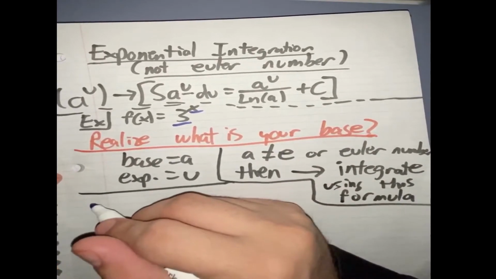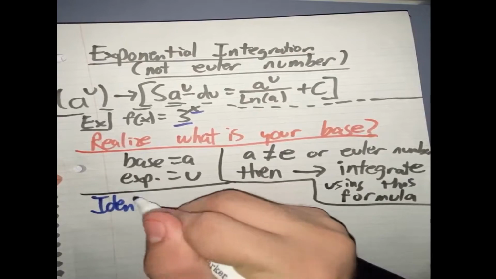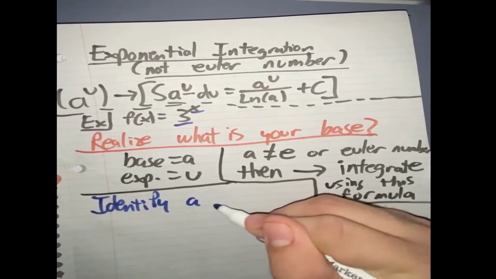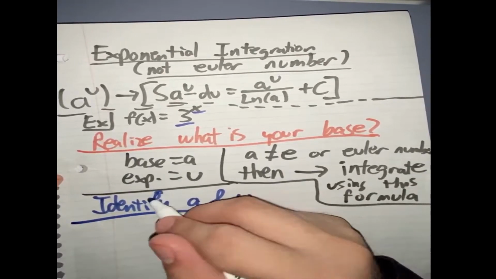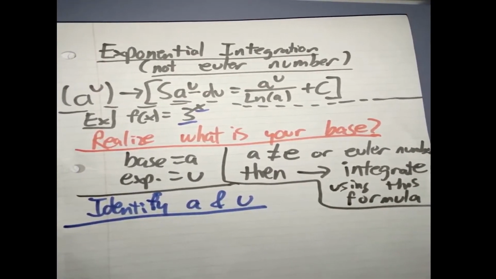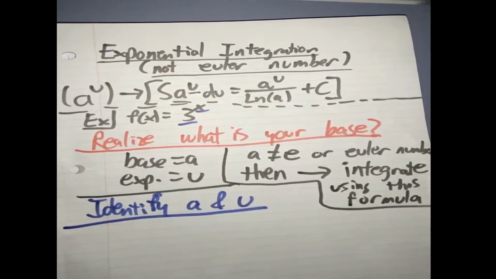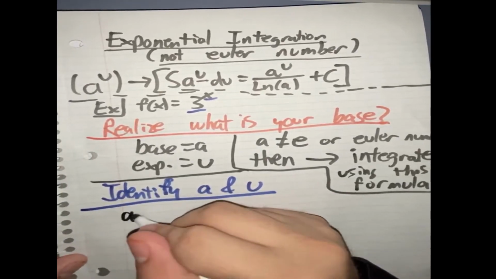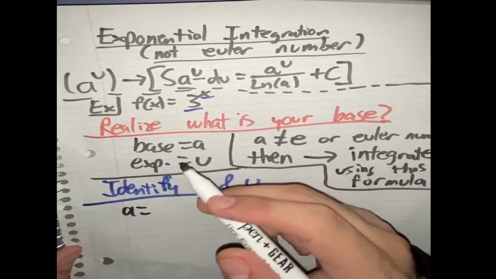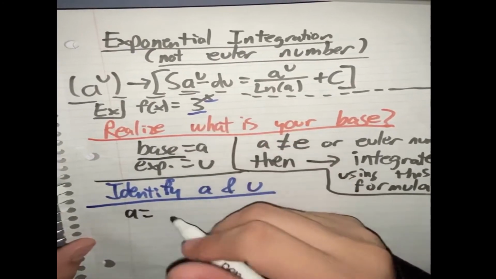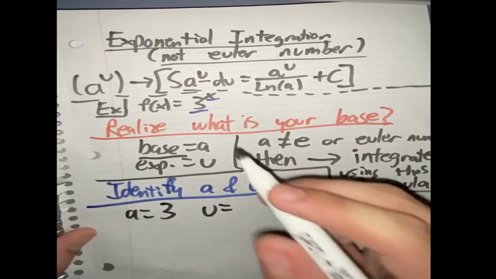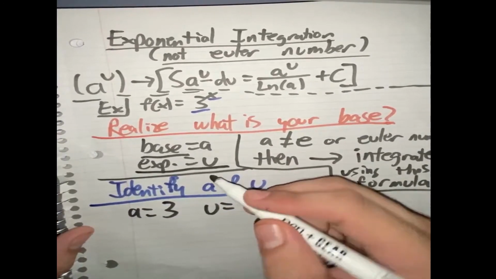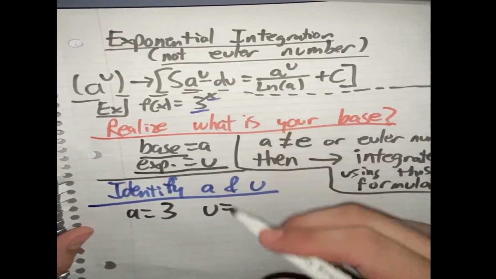So identify A and U. Our A is equal to our base, so our base is 3. And our U is equal to our exponent, and our exponent is just x.